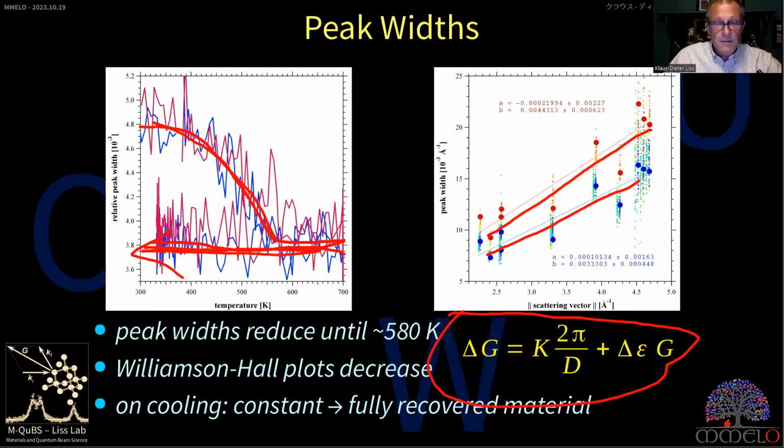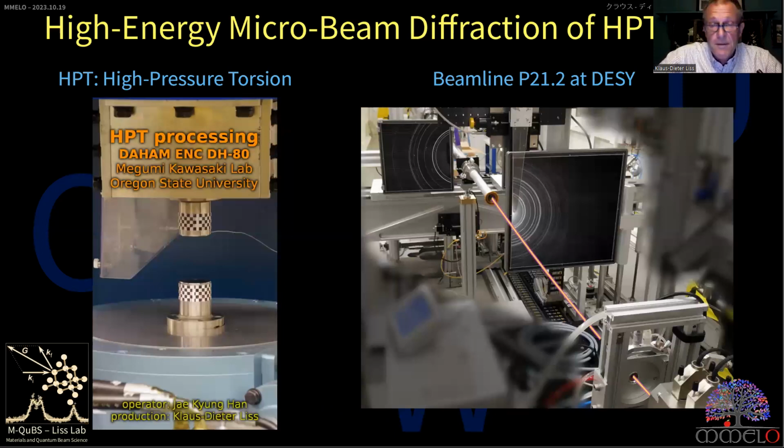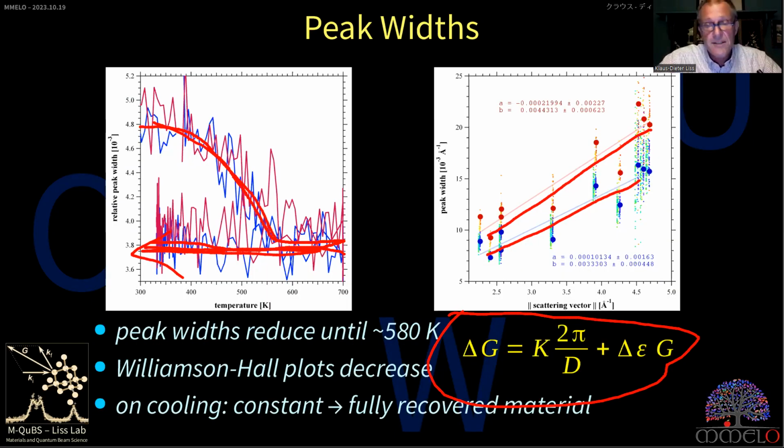If we evaluate this equation, we get an axis offset, which is relatively small. So we're talking about very large grains in the micrometer range, where this method is not really suitable.